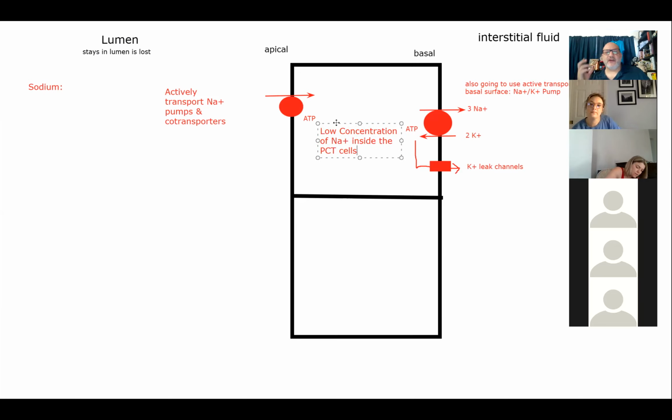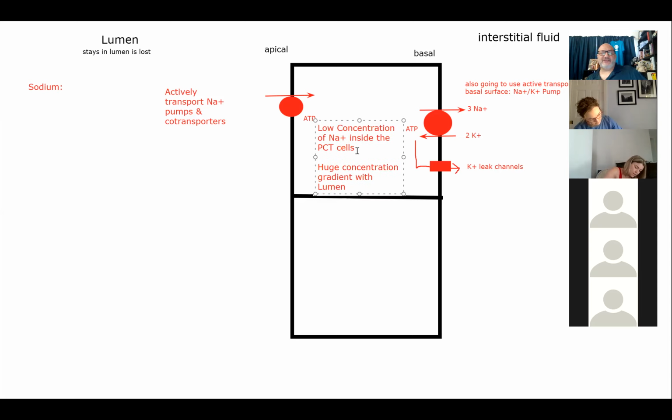And so this is going to set up a huge concentration gradient with the lumen. And that driving force is going to allow us to help bring other materials in.